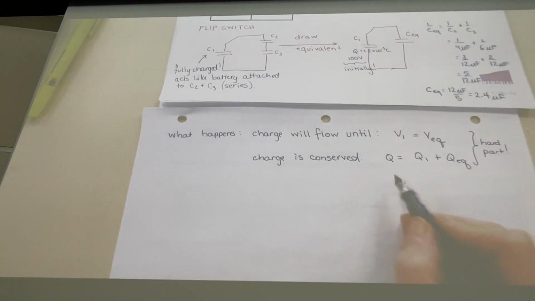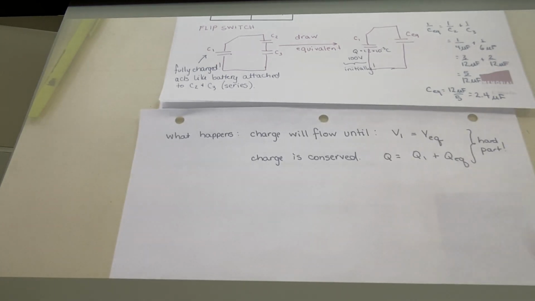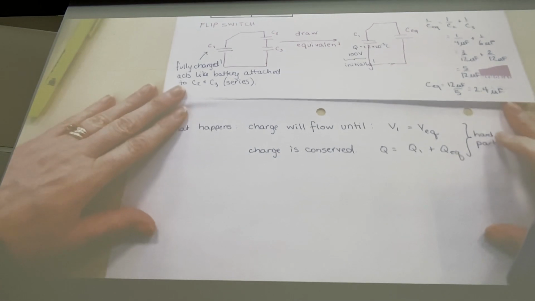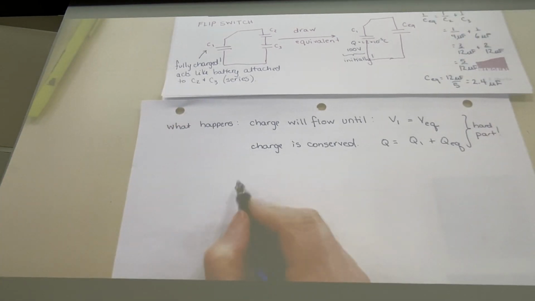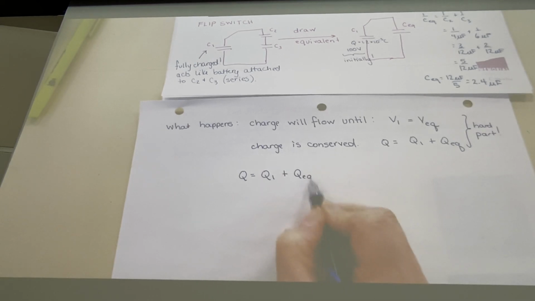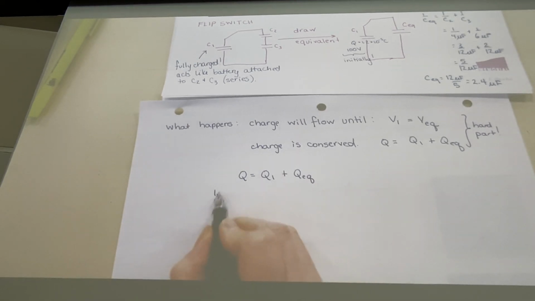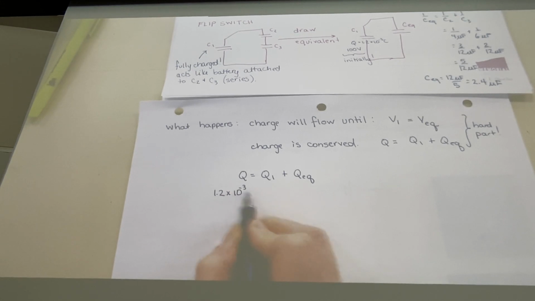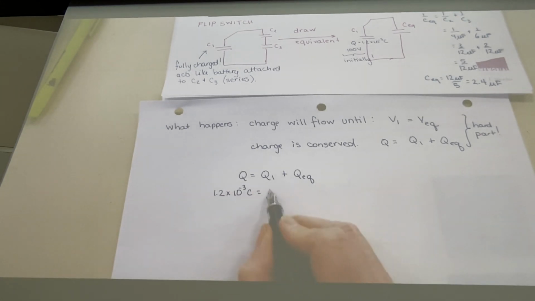So let's use this in an equation, and we'll see how potential comes into play, remembering that we know the capacitances here. So Q equals Q1 plus Q equivalent. Q is 1.2 times 10 to the minus 3 coulombs. Q1 is going to be capacitance 1 times potential 1.